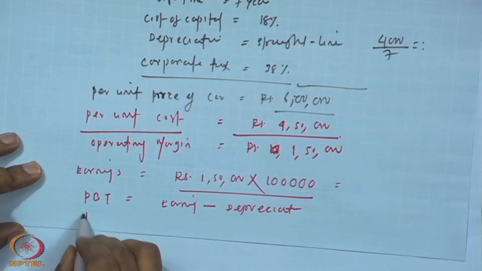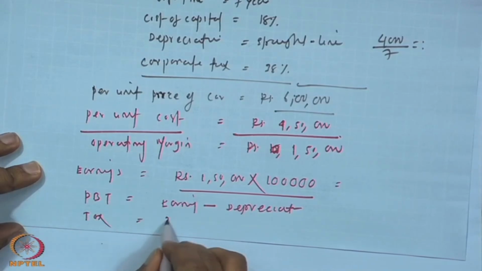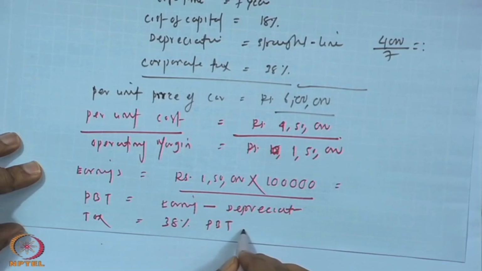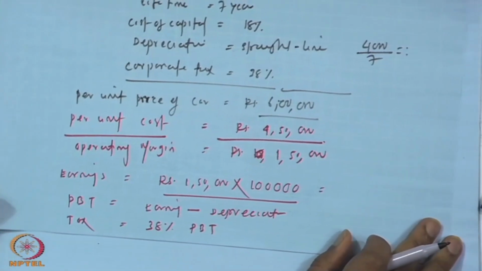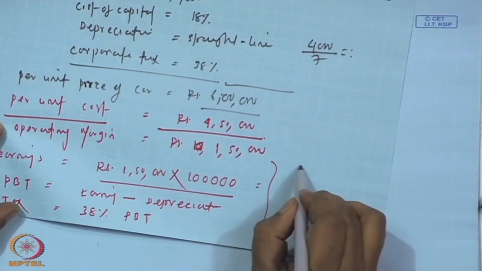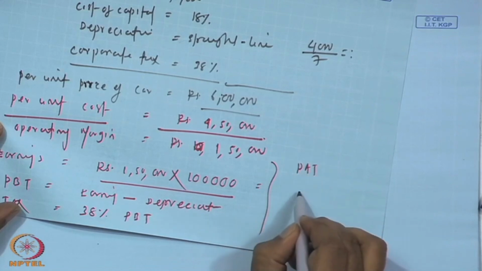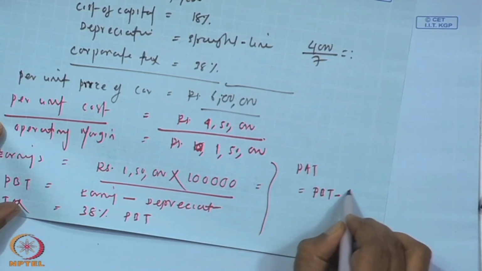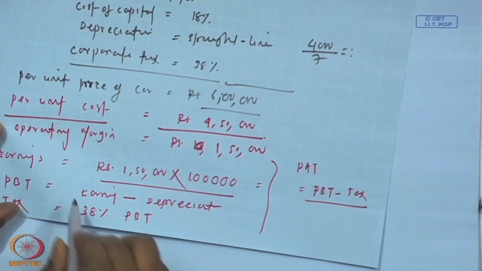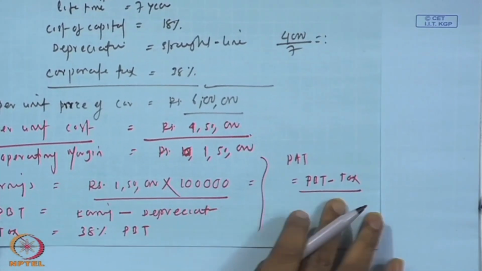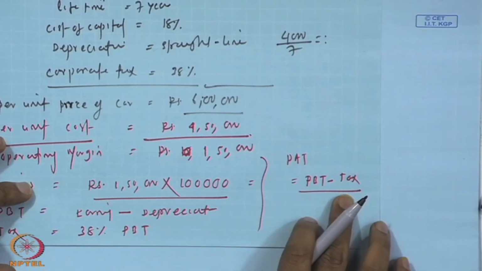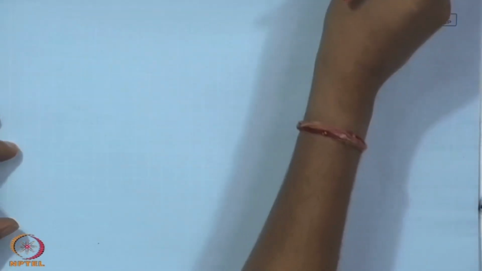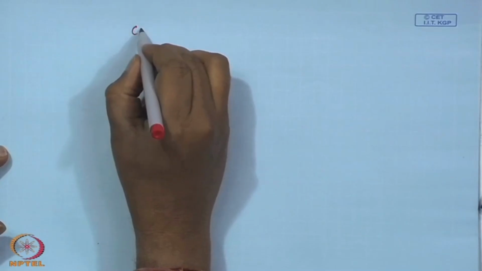After that, you have to find the tax amount. Tax in India is 38% of profit before tax. This is the per year tax. Profit after tax is profit before tax minus the tax amount. Once you have the profit after tax, you have to decide the cash flow.